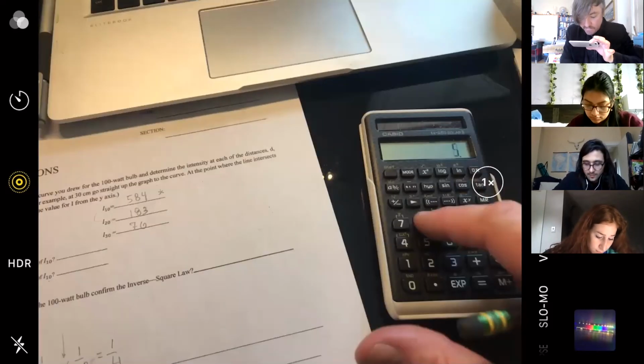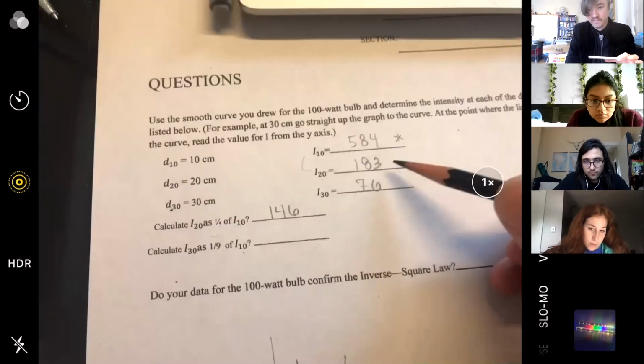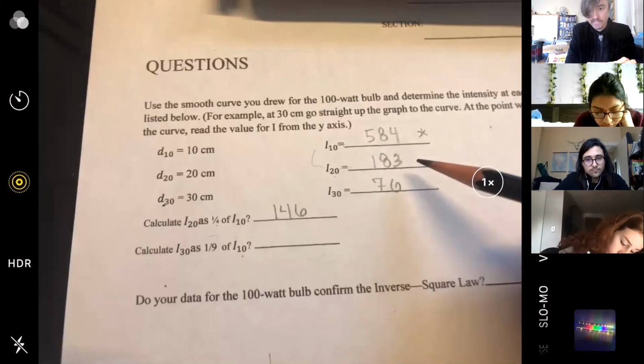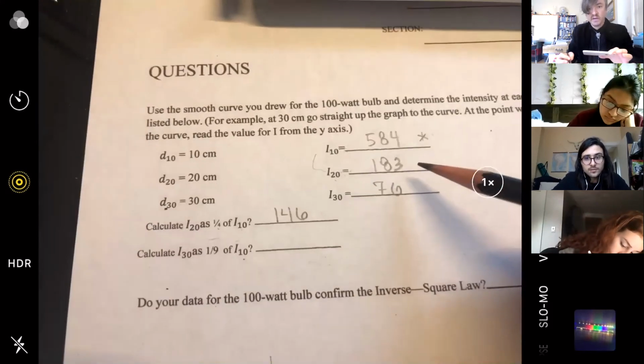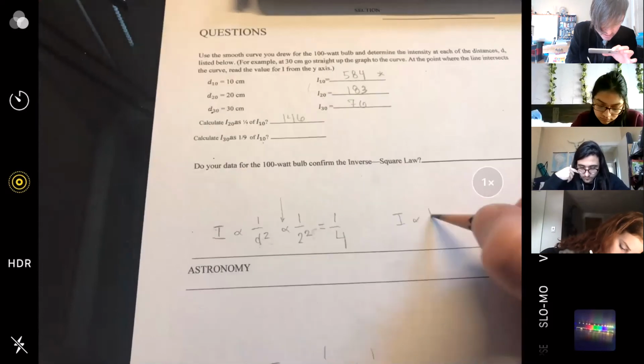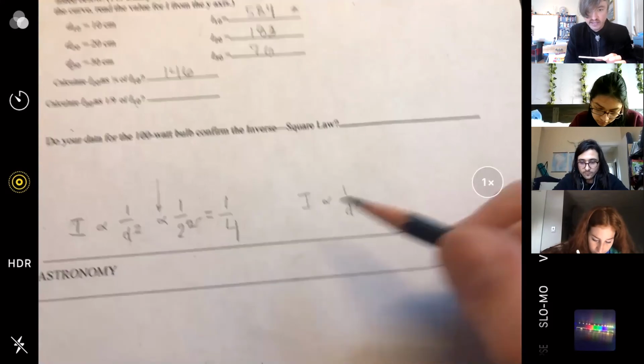So if I was at 584, what should it be when I get to I-20? 584 divided by 4. 146. What did we get? 183. Is that good or bad? Bad. Kind of. What if we went to triple the distance, to I sub 30? If I change the distance by a factor of 3, by what factor should the intensity change?